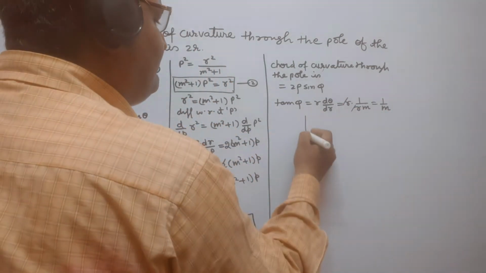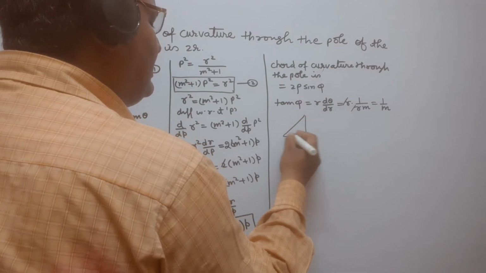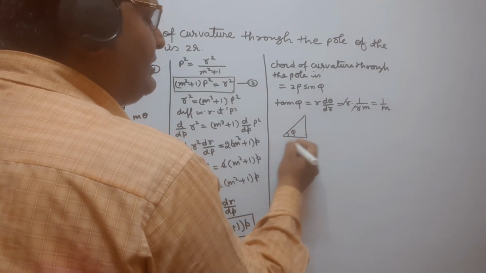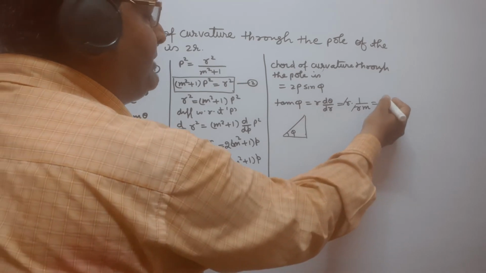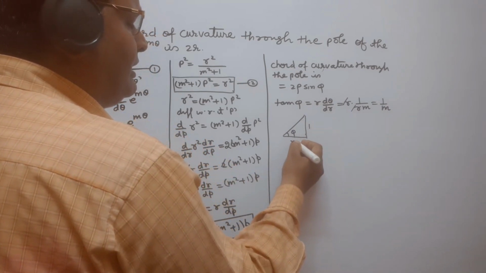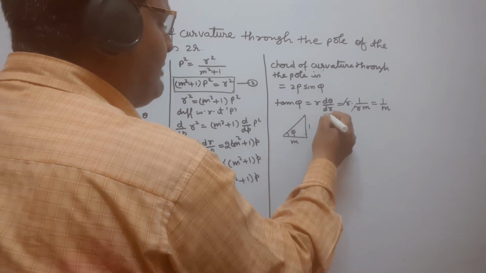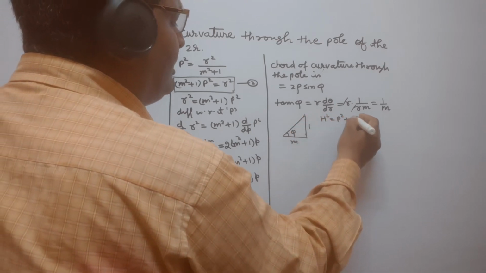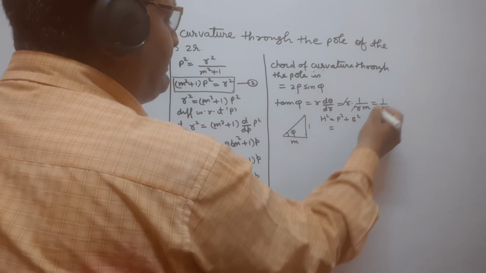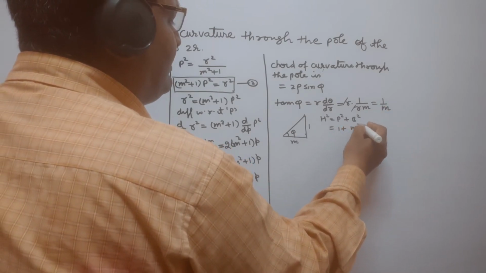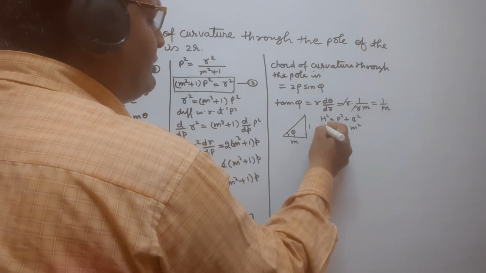Now we know that if we take this is the right angle triangle and suppose that this is phi. So tan phi is equal to perpendicular upon base. So this is 1 and this is m. Now we find here this hypotenuse. So hypotenuse square is equal to perpendicular square plus base square. Here perpendicular is 1 and base is m. So 1 square plus m square is equal to h square.